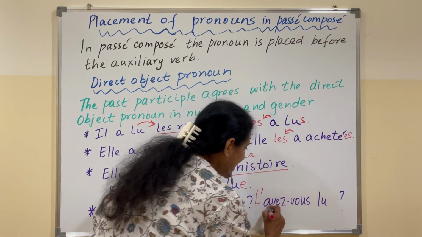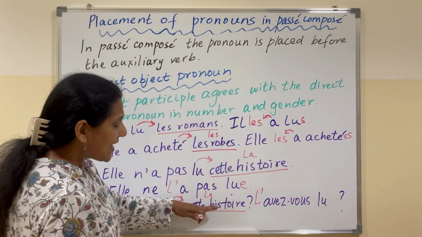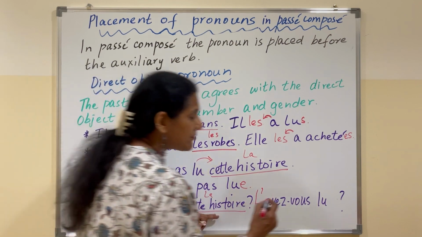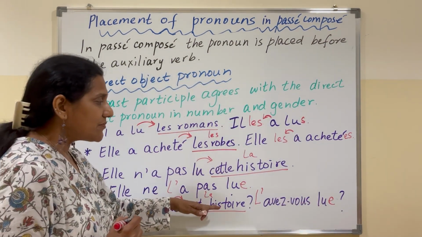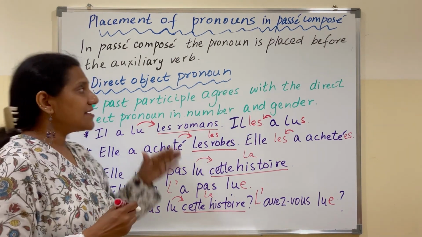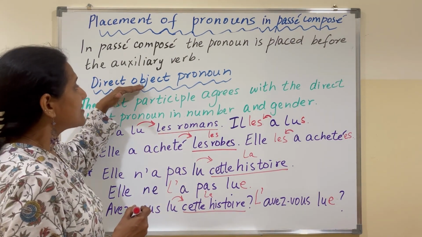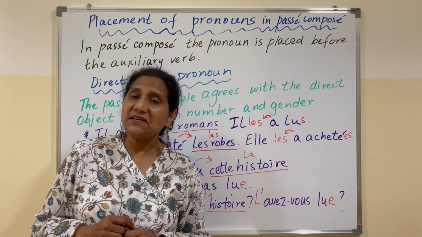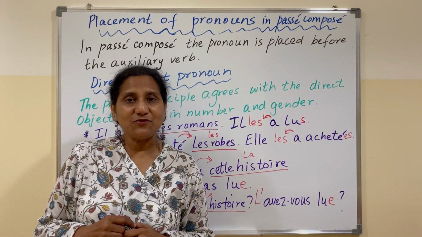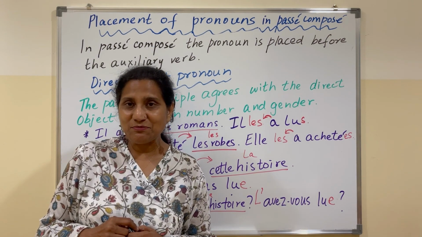So here, l'avez-vous lu? And histoire is feminine and singular, so we add an E here. So in all three forms, we have seen the position, and this is very important. This is called direct object pronoun.